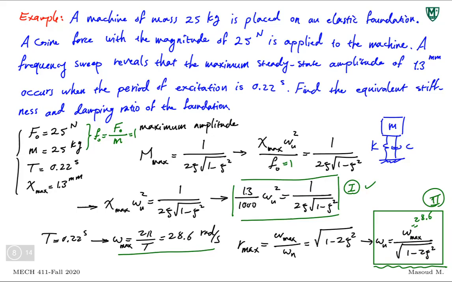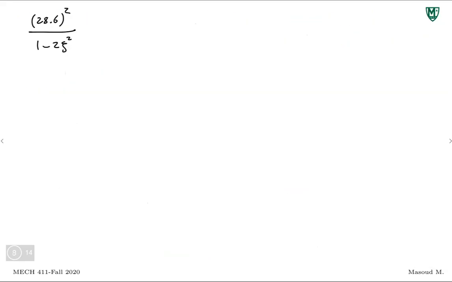It's 1.3 millimeters over 1,000 to convert it to meters. So moving things, you're going to get 0.0013 here, and the other side is the same, 2 zeta times the square root of 1 minus zeta squared.